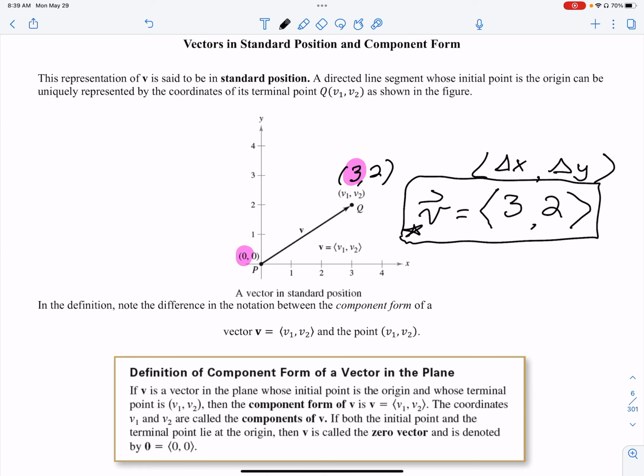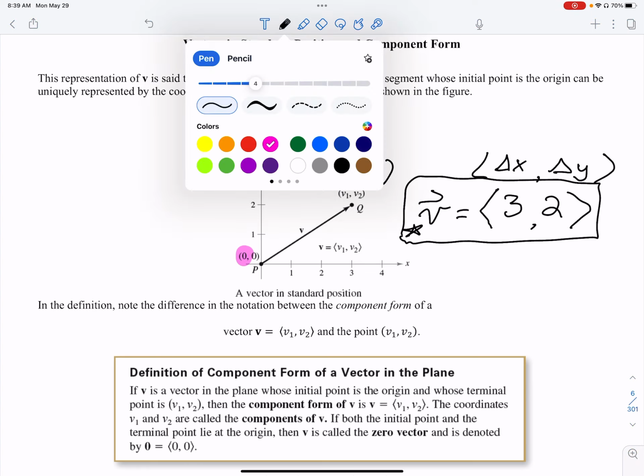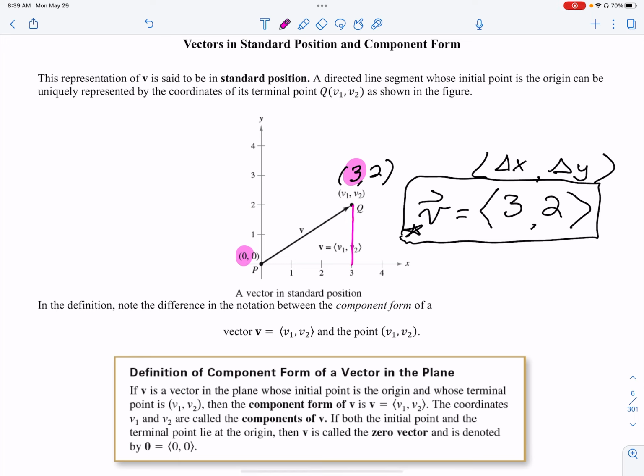Now with this, if I think about the length of this vector, in standard position, if I draw this triangle, I gave it lip service in the last video pretty quickly, but the length of this vector is just the hypotenuse of a triangle. And notice that this is v1 and this is v2. So if I wanted to find the length of v, and we have to be careful here, the length means the magnitude from the last video, and we're about to formally introduce that as I scroll down.